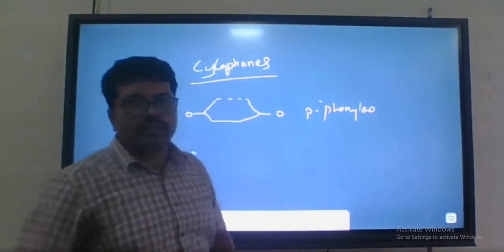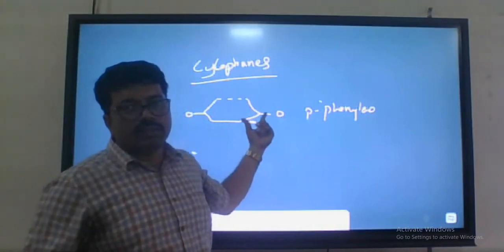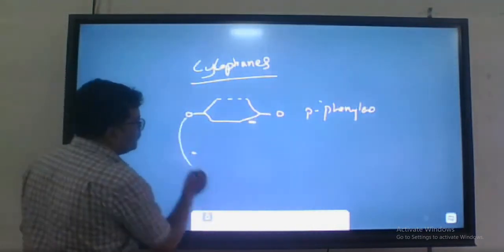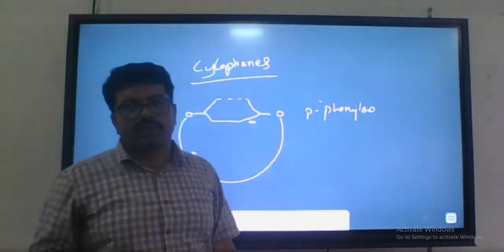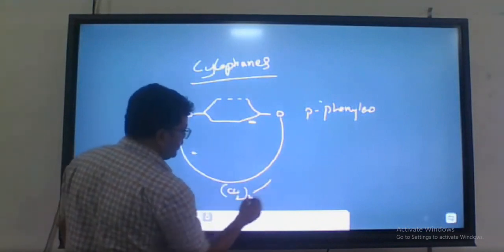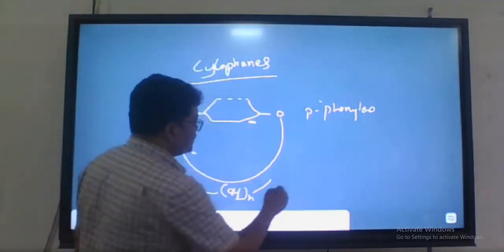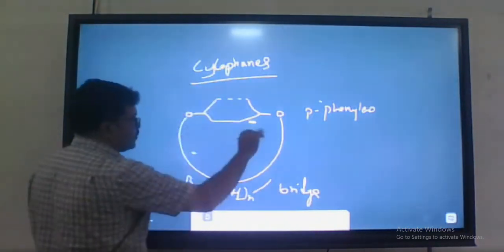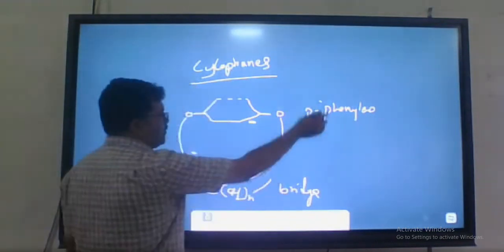So this paraphenyl, having two paraphenyl subgroups, groups end face to face, by CH2N bridge. N type CH2 repeats. This is the CH2 bridge, CH2 repeating.